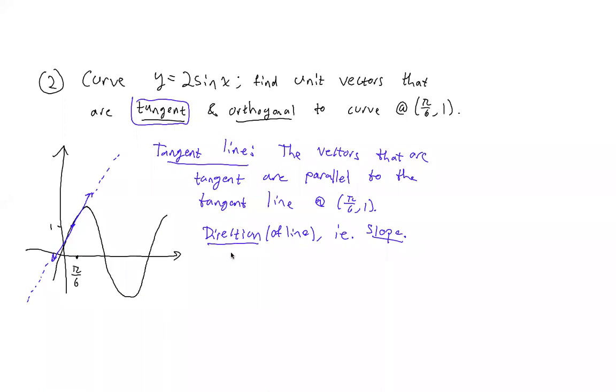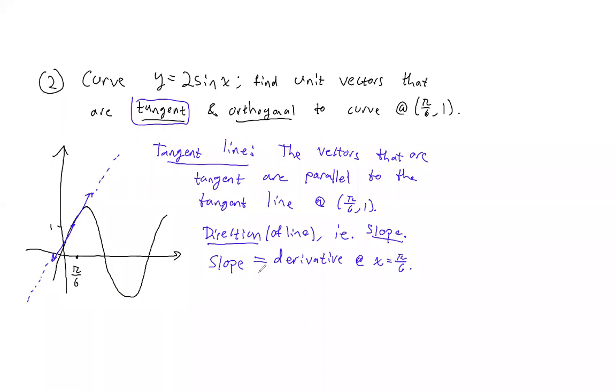Well, what we're going to do is take the derivative, right? The slope is equal to the derivative at the value x equals pi over 6.